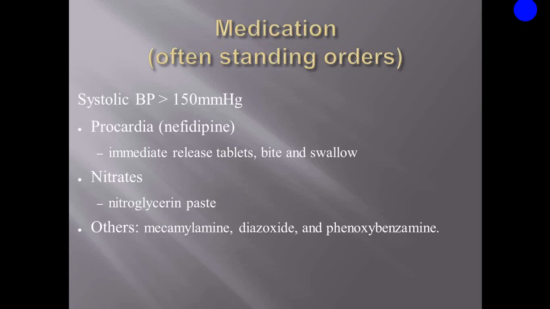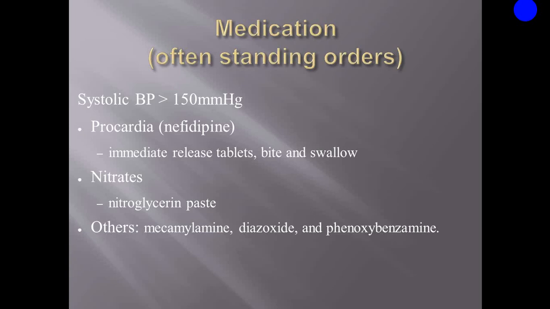The medication which should be given to the patient with autonomic dysreflexia is often standing orders by the doctor. As we know, the systolic blood pressure should be above 150 mmHg.